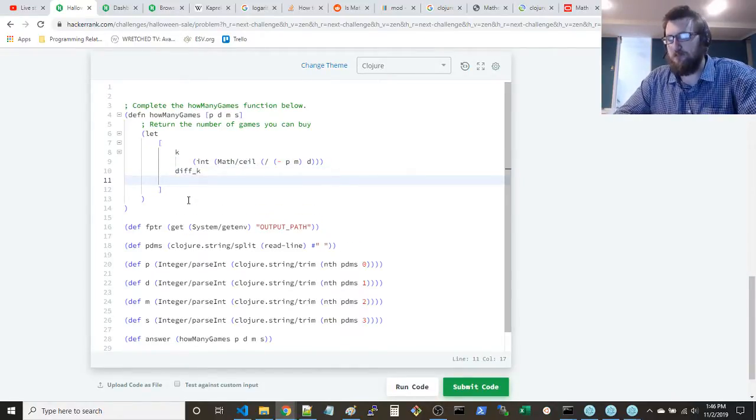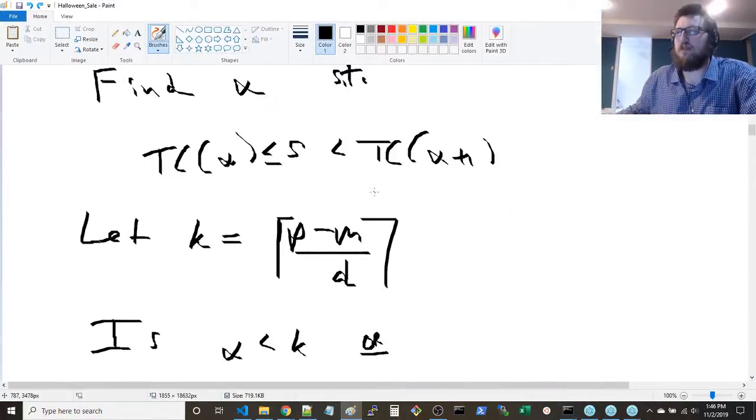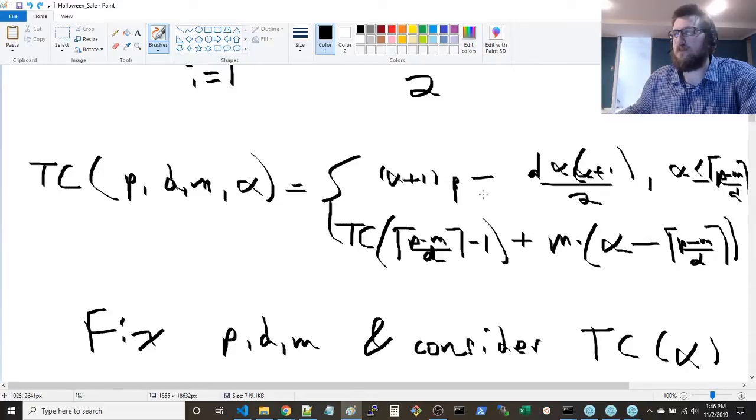Else we could do this. K, which is S minus T of K. You can also define this function. What does this look like?